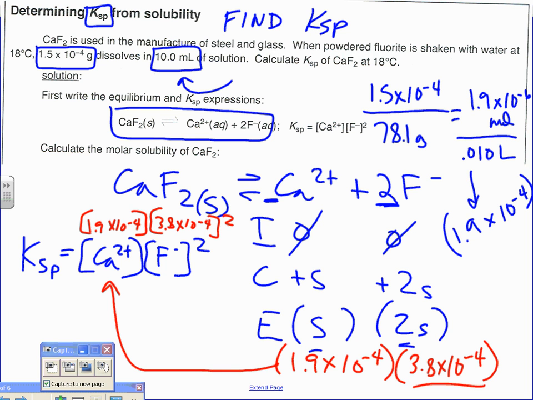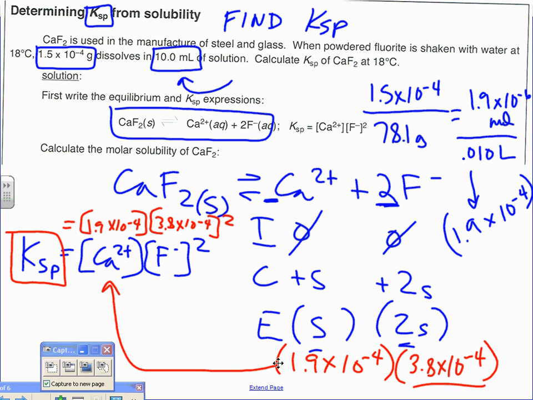Bracket, I got to square that. To solve for KSP, I square 3.8 times 10 to the negative 4th, times 1.9 times 10 to the negative 4th, and I solve for KSP. My KSP comes out to be, I believe, 2 point something times 10 to the negative 11th. At that point, your setup's good. You're just plugging in and doing your calculations.